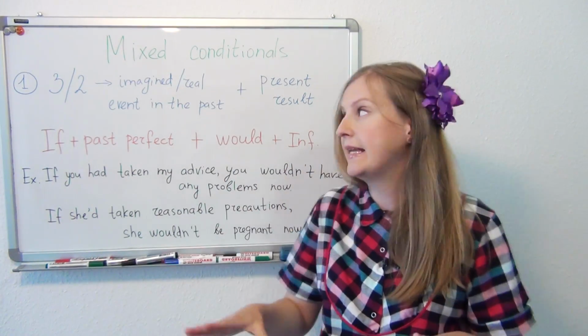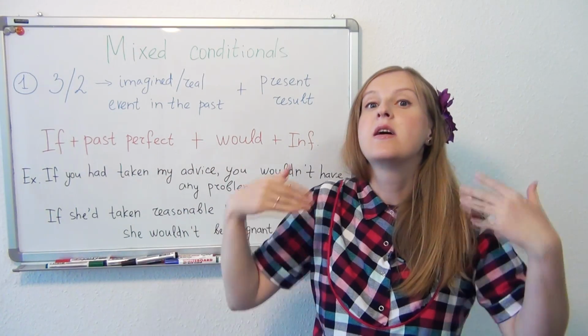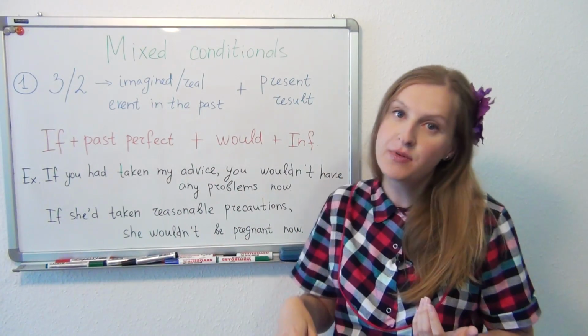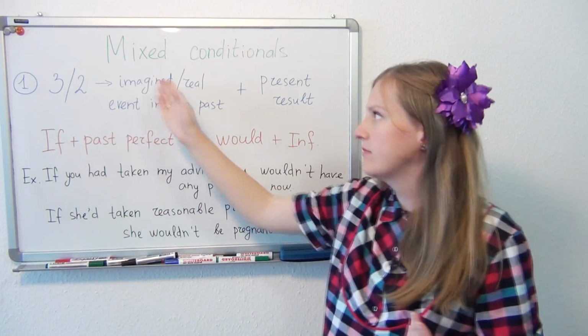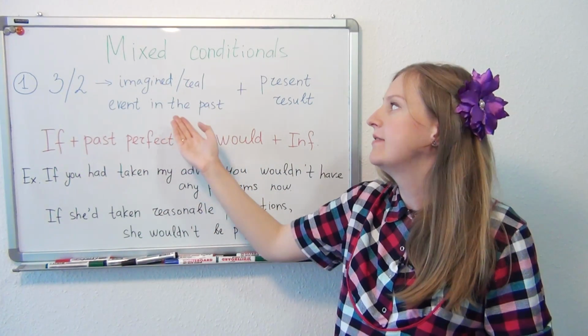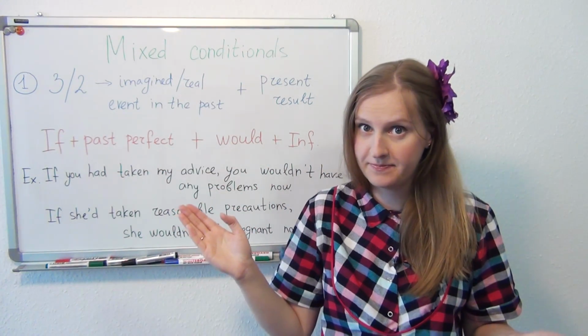So we combine an imagined or real event in the past with a result in present. That's why number 3 is imagined or real event in the past and number 2 is a present result.